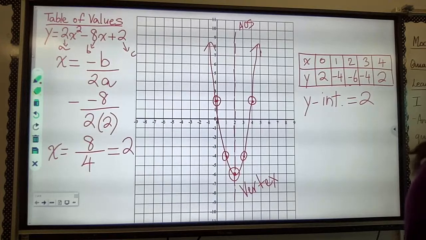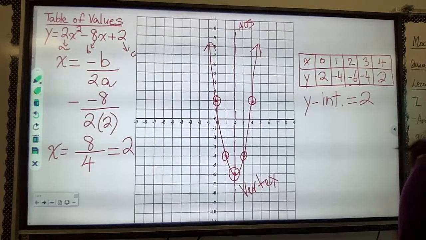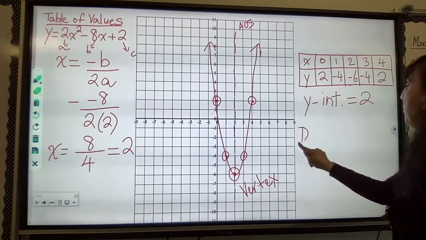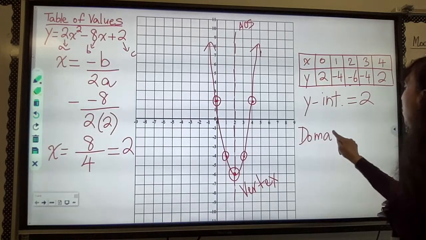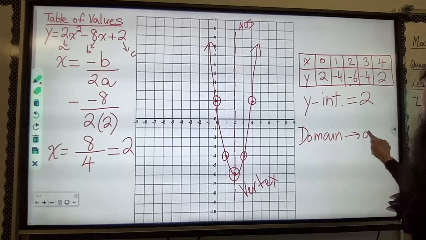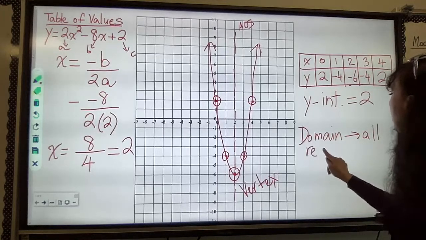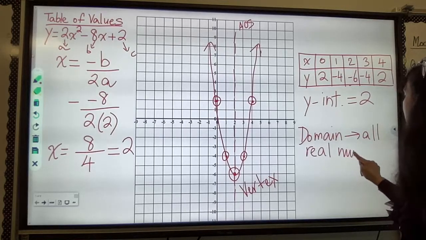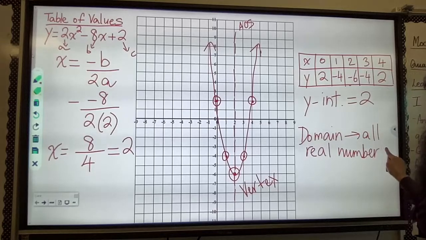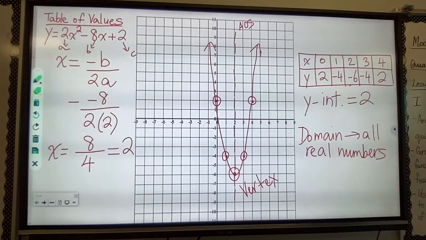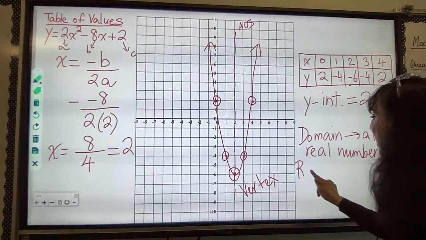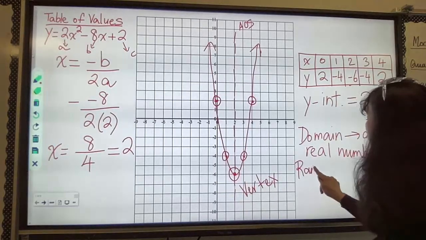And so the parabola extends to infinity, so the domain is all real numbers. Okay, domain is all real numbers. And my range is going to be a set, as this is the lowest point, right?